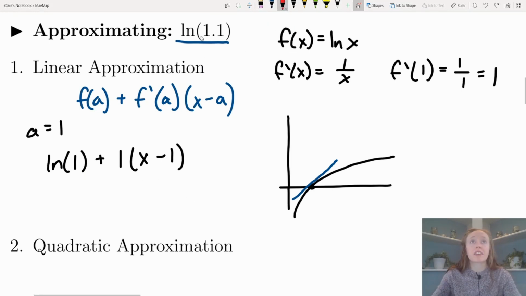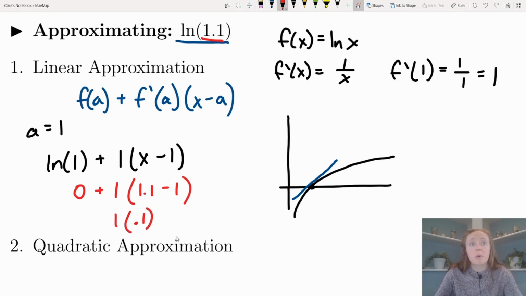So if we're calculating this at 1.1, I'm going to have the ln of 1, which is 0, plus 1 times 1.1, plugging that in for x, minus 1. Well, that's going to be 1 times 0.1, right? Because 1.1 minus 1 is equal to 0.1, and 1 times 0.1 is 0.1. So our approximation for the ln of 1.1 is 0.1.